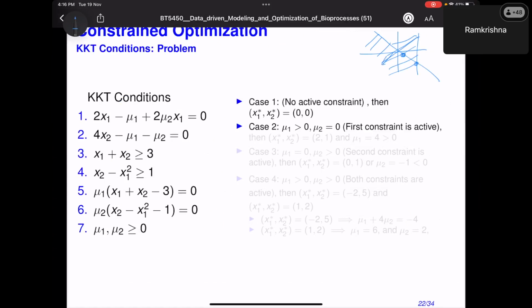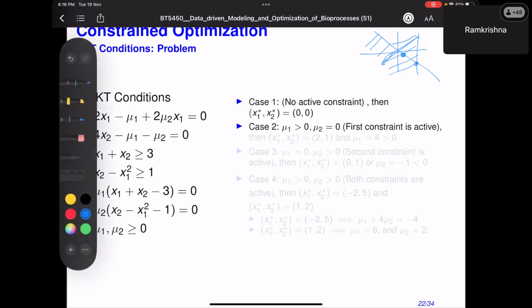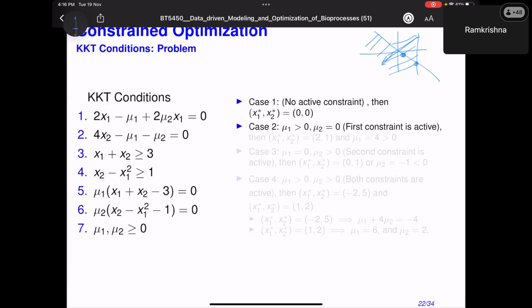Okay, so that G1 is, sorry, G2 is strictly less than 0, and then G1 equal to 0, which means mu1, sorry, I think it's the opposite. If mu2 equal to 0, then okay, so okay, sorry.